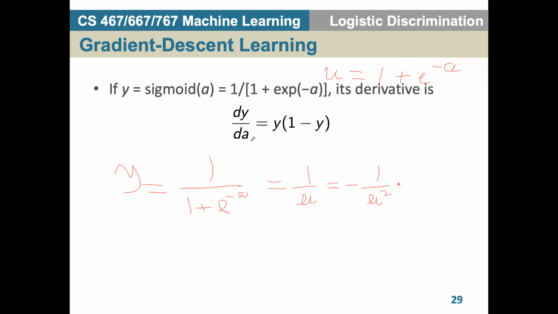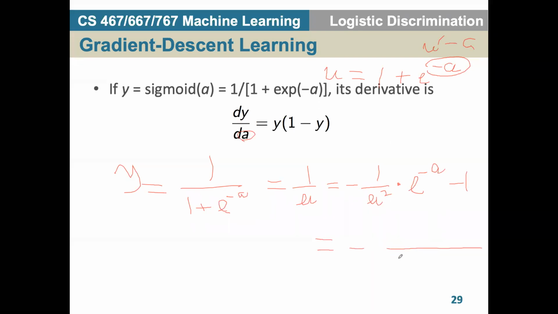The 1 has derivative 0, and e to the minus a, as u prime, has derivative e to the x equal to itself, so you still have this thing, times the derivative of minus a, which is -1. So this gives you 1 plus e to the minus a squared, times e to the minus a, and the negatives cancel.